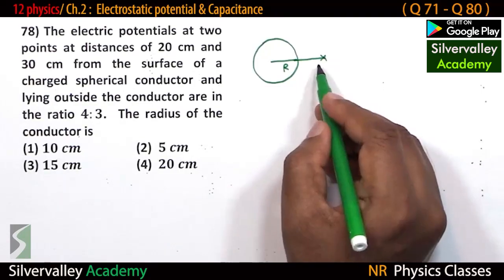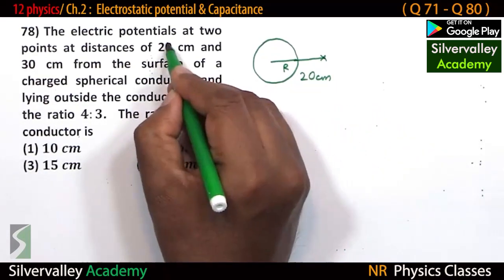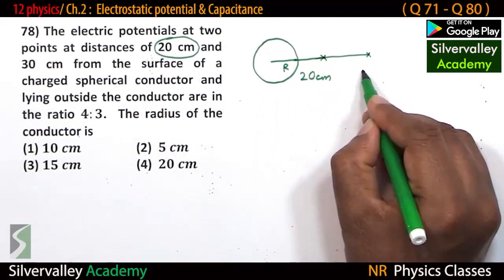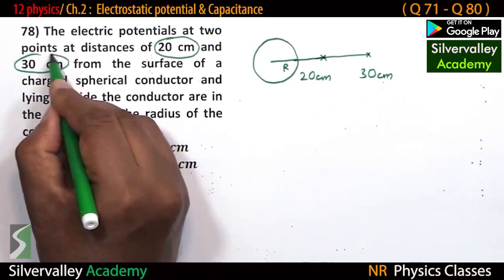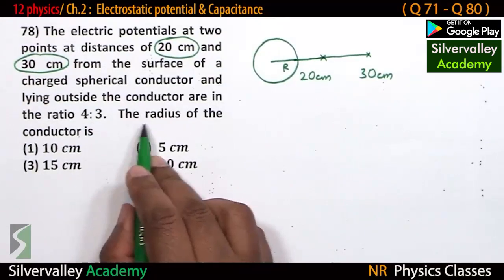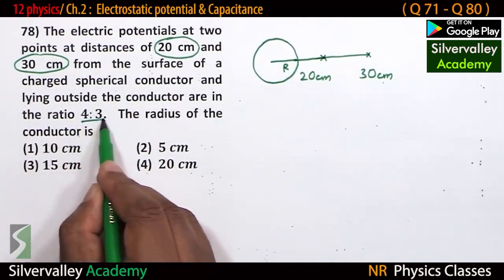This point is at a distance 20 centimeter, and the next point is at a distance 30 centimeter. Potentials are in the ratio 4:3.